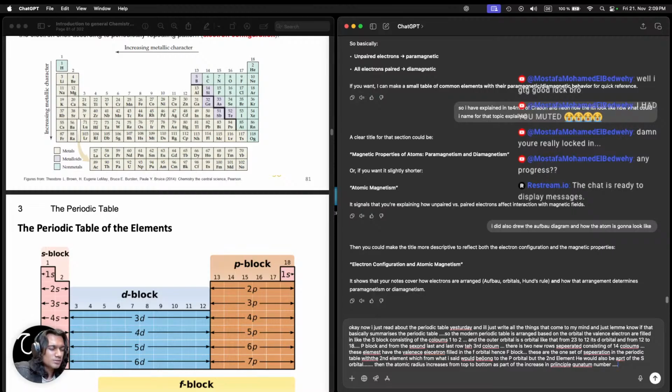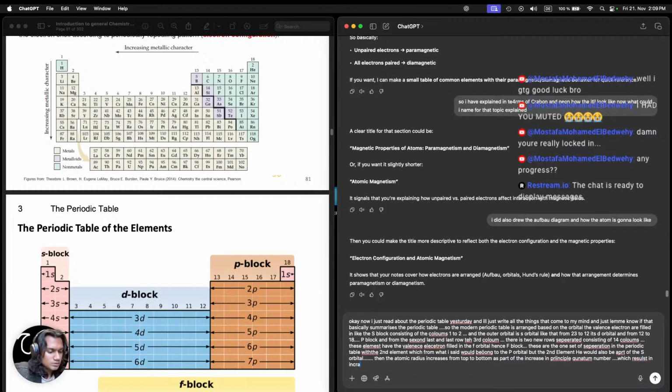Increase in principal quantum number, which results in larger atomic size. Now what else? Atomic radius decreases from left to right due to the increase in what? Increase in what?